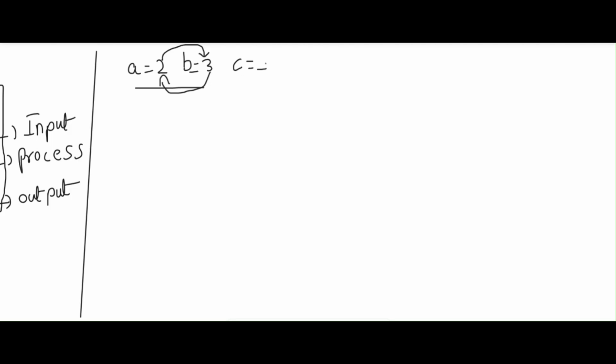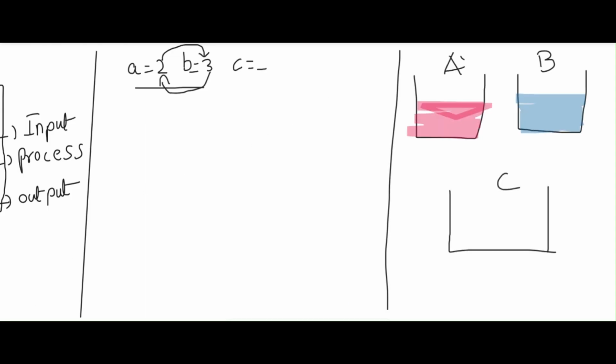This is nothing but swapping. Before discussing this, I just want to tell you what logic actually is. I paused the video and drew this just to not waste time. Now let's see what logic is. Suppose I have two buckets, bucket A and bucket B. In bucket A, I have red colored water, and in bucket B, I have blue colored water.